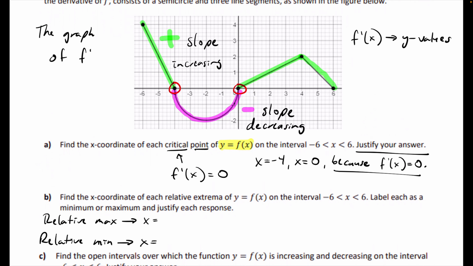After -4, it was decreasing because it had negative slopes, negative y values. Afterwards, it was increasing. And then you're going to read it like you would before. Increasing before -4, decreasing after -4, that makes a relative maximum. Decreasing before 0, increasing after 0, that makes a relative minimum.